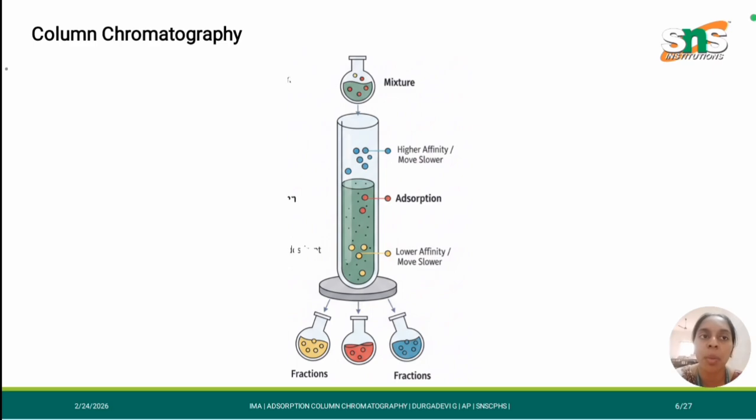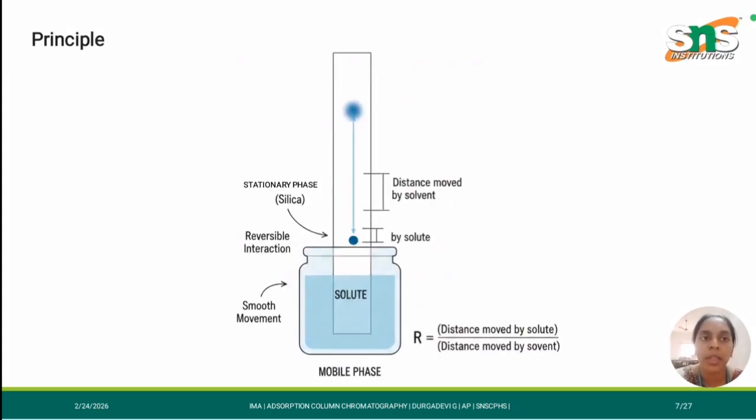With the help of the mobile phase, it moves along the stationary phase at different timings. That is, the substance with high affinity towards the column will move slower, and the substance with lower affinity towards the column will move faster. So we can collect the different fractions at the bottom of the column.